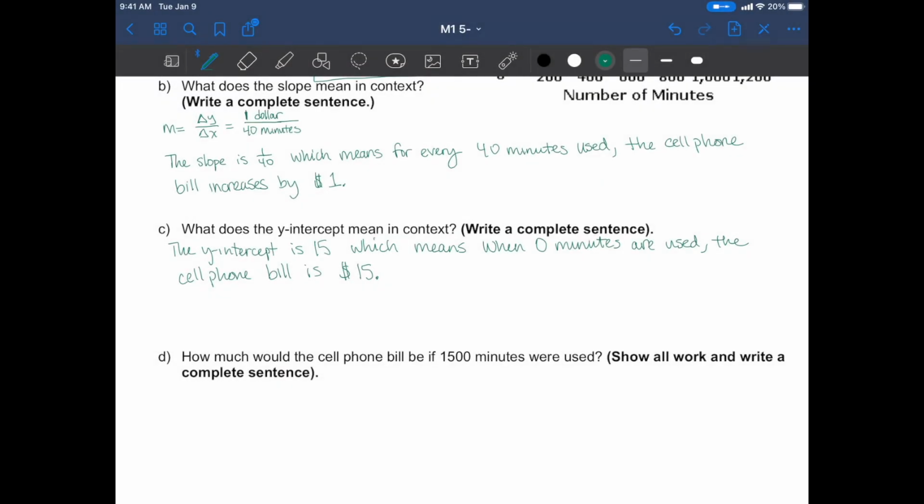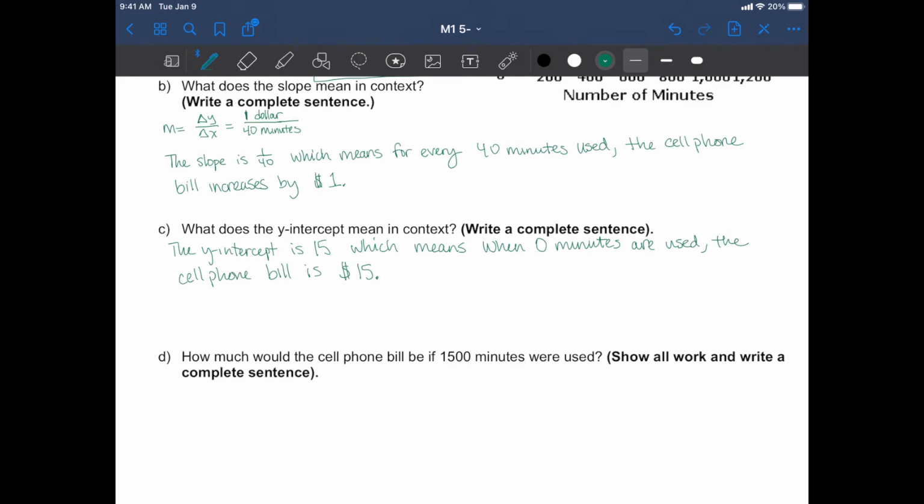Part C, what does the y-intercept mean in context? Write a complete sentence. So if you want a more formulaic approach to writing a complete sentence, given any scatterplot context situation, you would simply read the point. The y-intercept is where x equals 0, right? And x is representing the number of minutes. So the y-intercept is 15, which means when 0 minutes are used, the cell phone bill is $15.